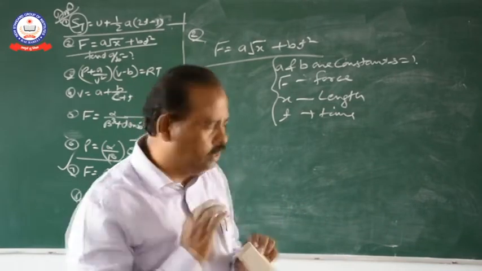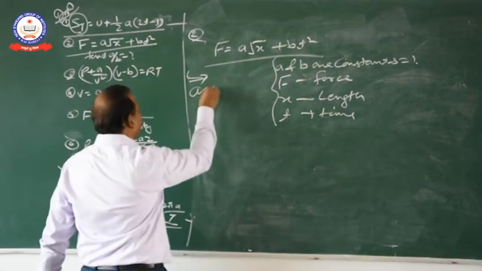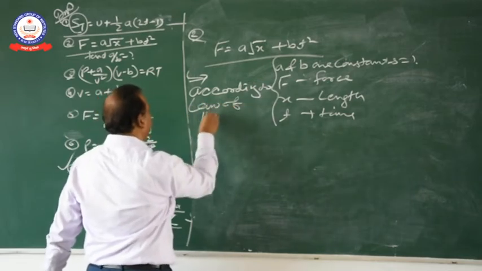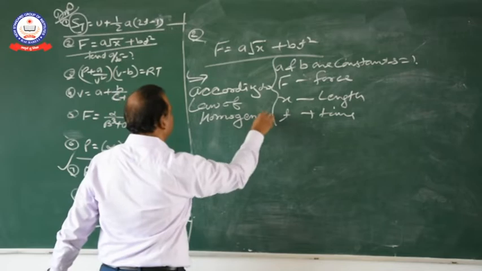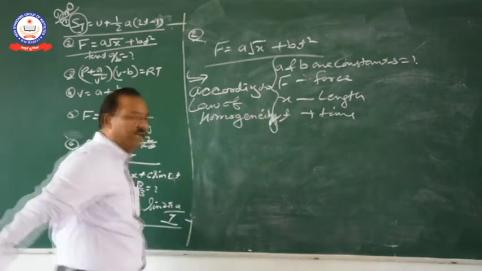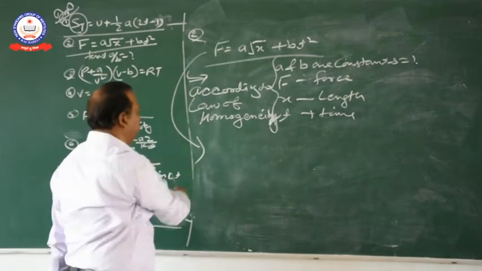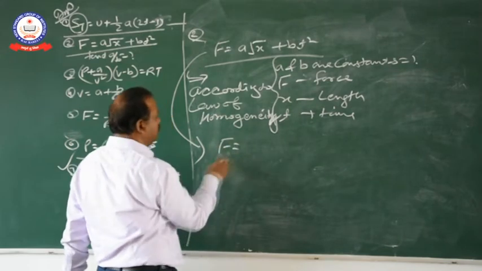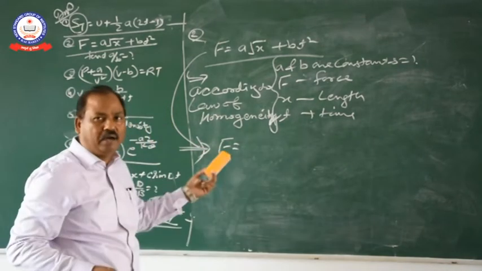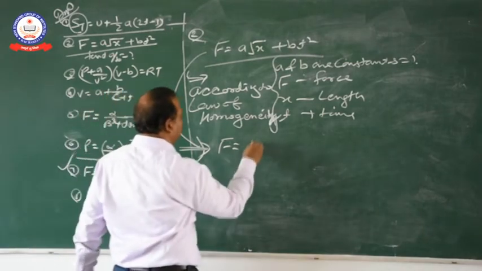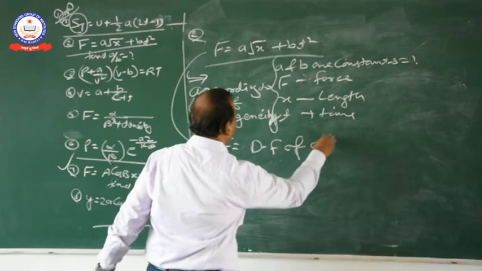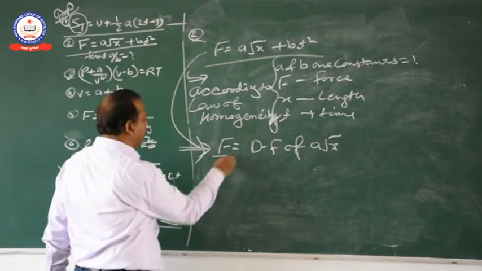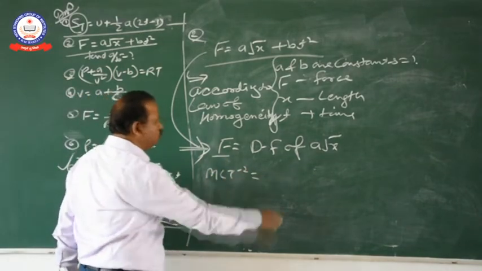According to the law of homogeneity, the dimensional formula of F is equal to the dimensional formula of a root x. You know the dimensional formula of F is MLT⁻².